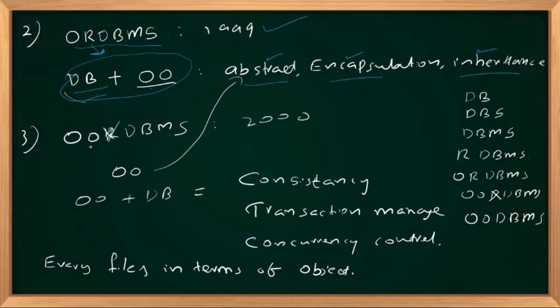The third one is also a similar one: the object-oriented database management system, which is object-oriented plus database management system. This is the latest or advanced one, developed around 2000 to 2001.